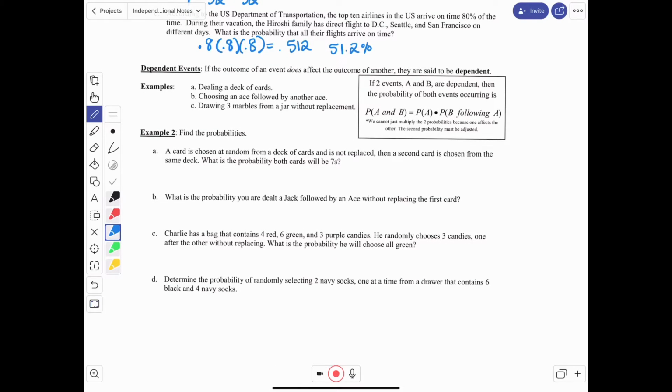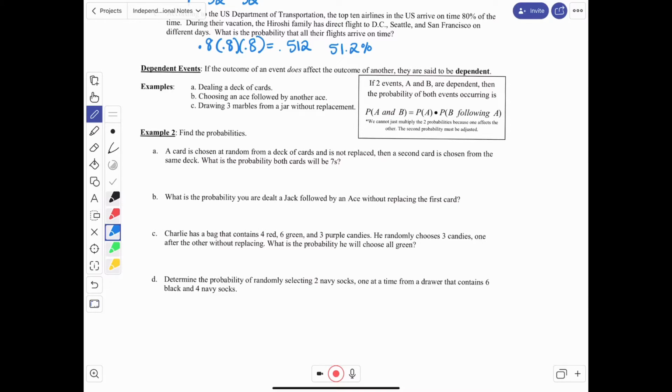Okay, then we get to dependent events. So dependent events would be like dealing a deck of cards, because once cards are gone, that's going to affect what cards you have, whether you're playing poker or Uno or Phase 10. So choosing an ace followed by another ace, or drawing 3 marbles from a jar without replacement.